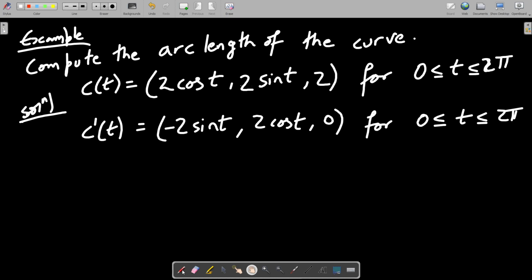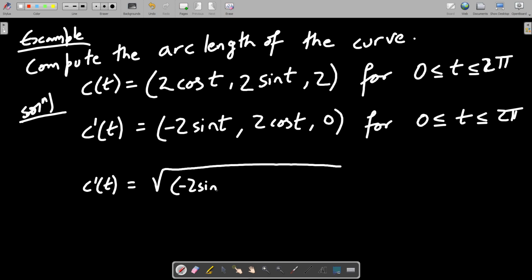So what is going to be the norm of C prime of t? It's going to become root over minus 2 sin t the whole square plus 2 cos t the whole square.